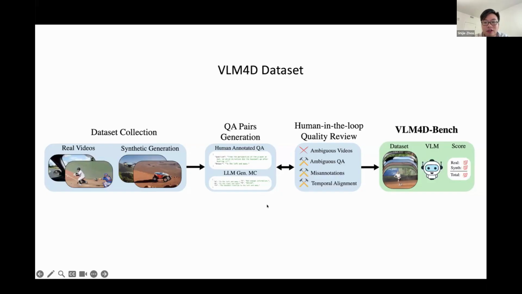So we also do a human evaluation pass on it. We have done a human-in-the-loop quality review to make sure this benchmark has high quality, and we eventually have the VLM4D benchmark, using an advanced reasoning model like GPT o3 as the LLM judge to evaluate the results.